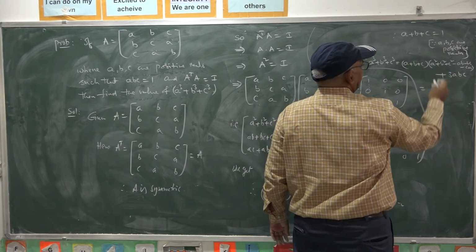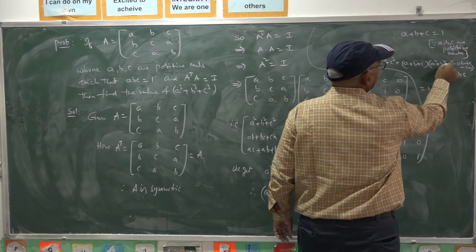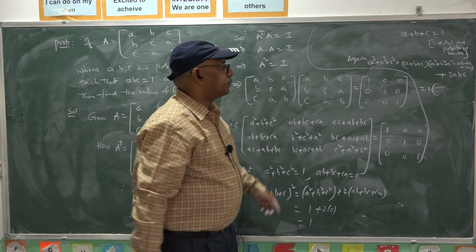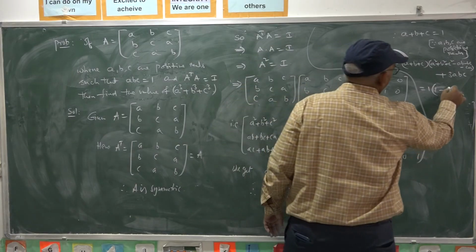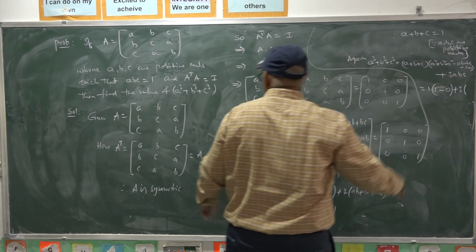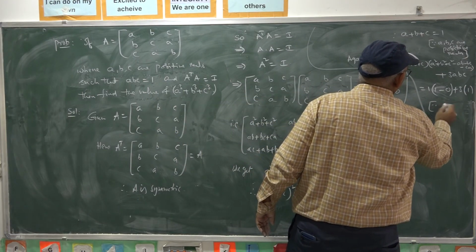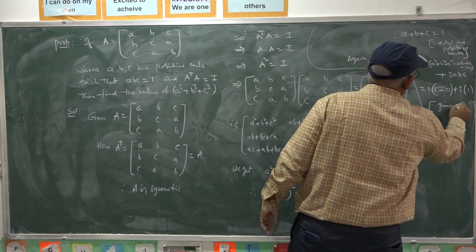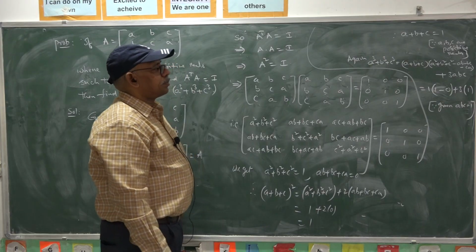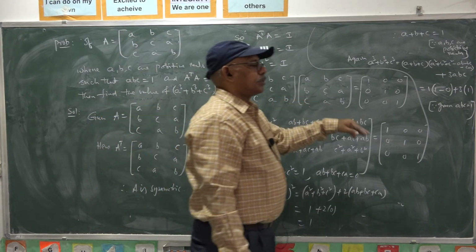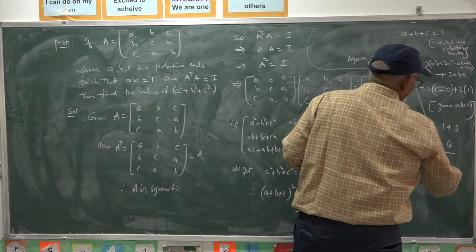But A plus B plus C is 1, into A square plus B square plus C square is 1 here, minus of AB plus BC plus CA is 0, plus 3 into ABC, which is given as 1. So A cube plus B cube plus C cube is 1 into 1 minus 0 plus 3. This is 1 plus 3, that is 4.